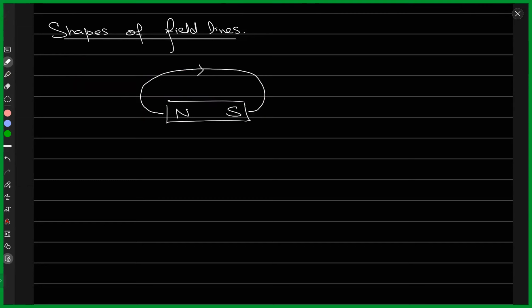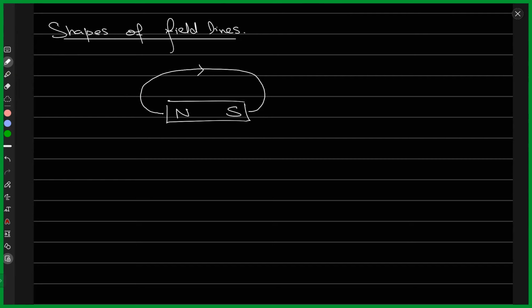Now, there's nothing special about this north and south. You could have called them anything else, but there should be an opposite for each, just as for positive there was a negative. So for magnetism, we just call it north and south, two opposite directions.